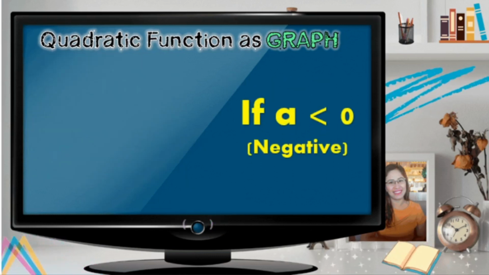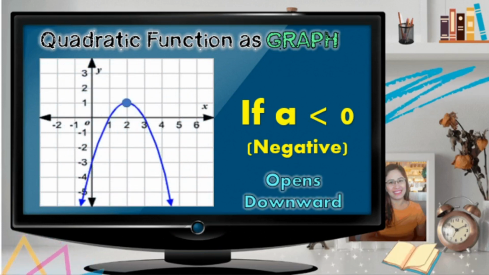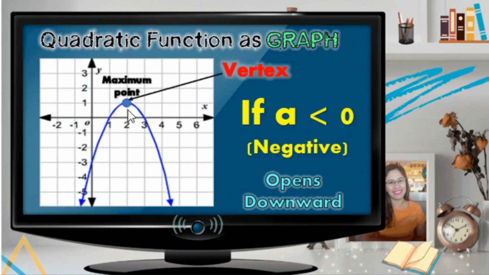If the value of a is less than 0, meaning negative, like negative 1, negative 2, negative 3, negative 4, and so on, our graph opens downward. And the vertex, you can see it there. And this is the maximum point of the graph.